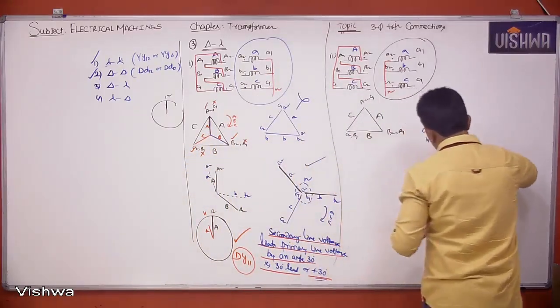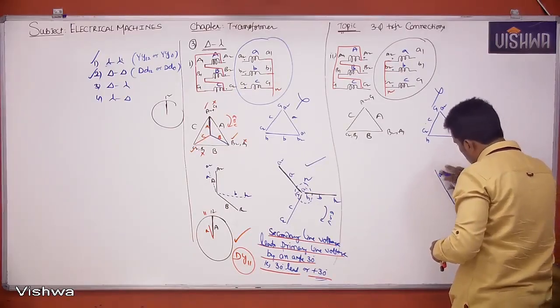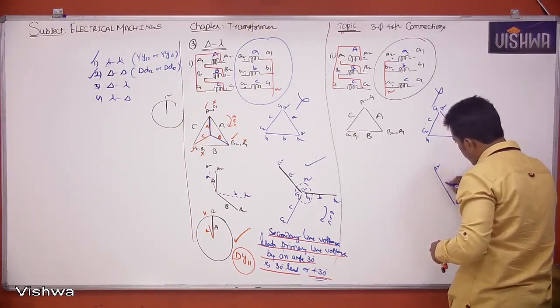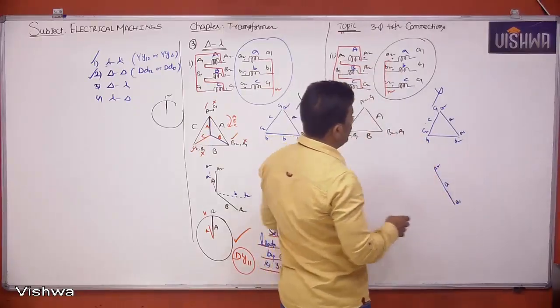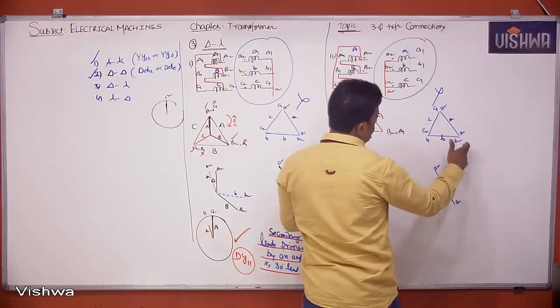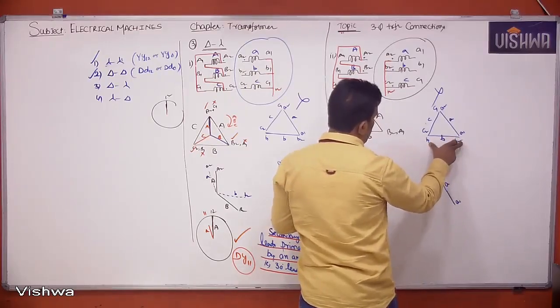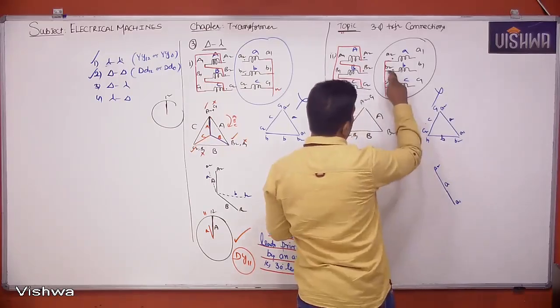Therefore, this is A1 and A2, and tell me, your B2 should start with A2. Here B2, here B1. This is the B vector, right? B2, B1. This should be like this only, but at the same time B2 should start with A2. Because B2 should start with A2, no?